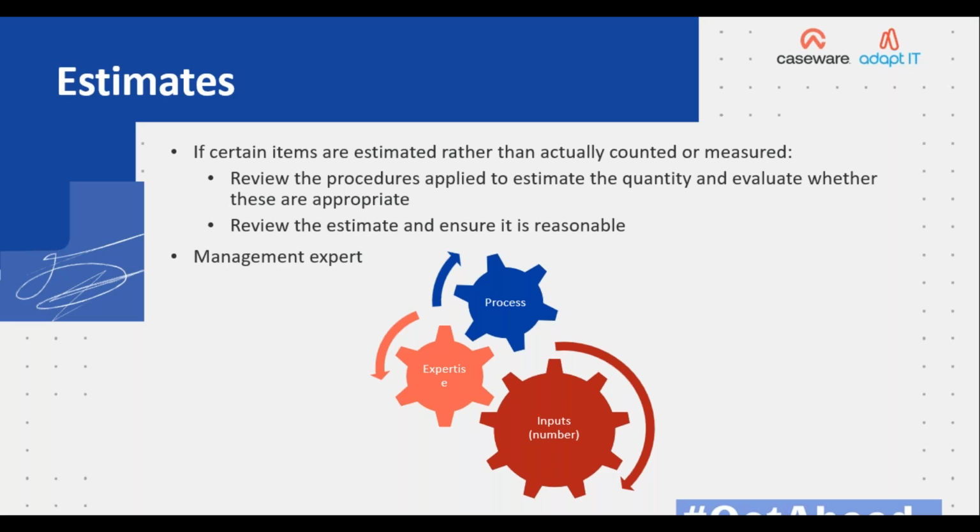You could also go through the management experience. Now, there are various elements to the estimate, and a number of inputs which we can verify to the underlying information. This includes the expertise of the management which we want to rely on, and the process, which we assess using our logic.